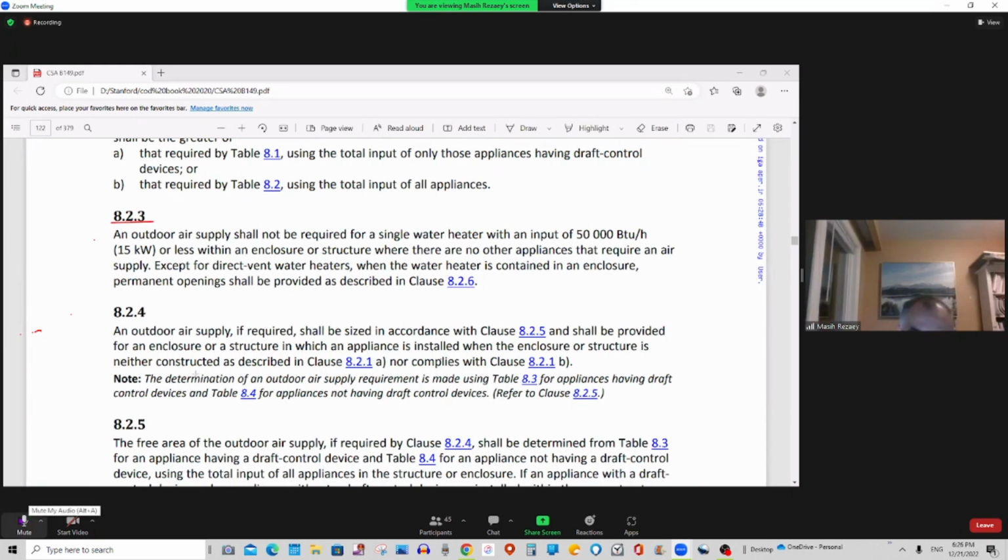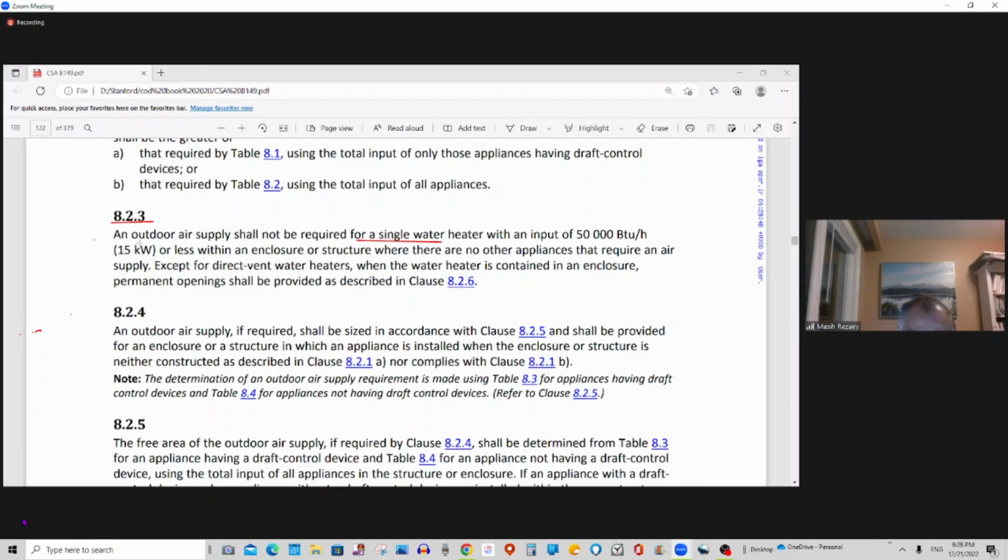Thank you, sir. Did you understand this one, Nassim? Okay, please highlight this clause number. 100% it is coming in your test. They will ask you in the test what is the only appliance which doesn't require combustion air from outside.